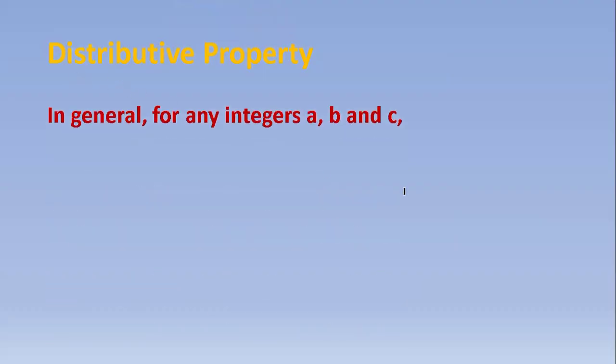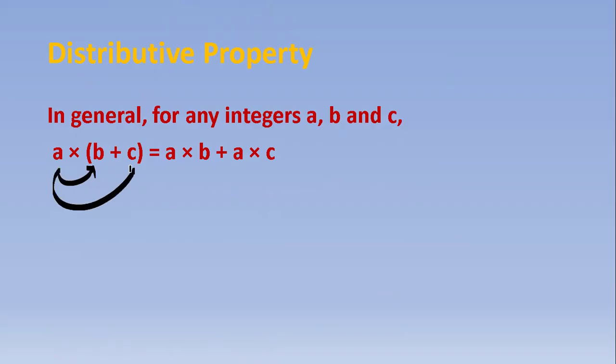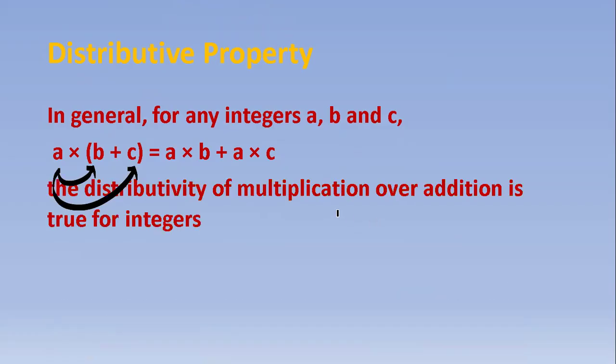Next, the distributive property. In general, for any integers a, b, and c, a into (b plus c) is equal to a into b plus a into c. The distributivity of multiplication over addition is true for integers.